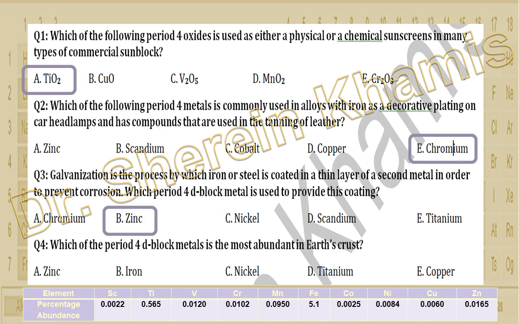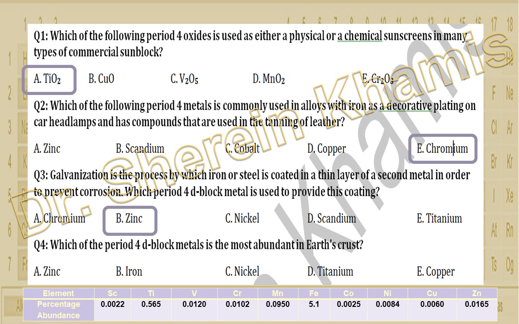We have scandium 0.0022, titanium 0.5, vanadium 0.0120, chromium 0.0102, manganese 0.0950, approximately equal to 1.